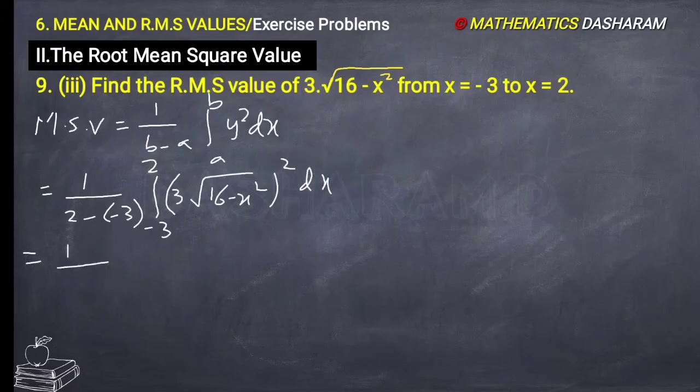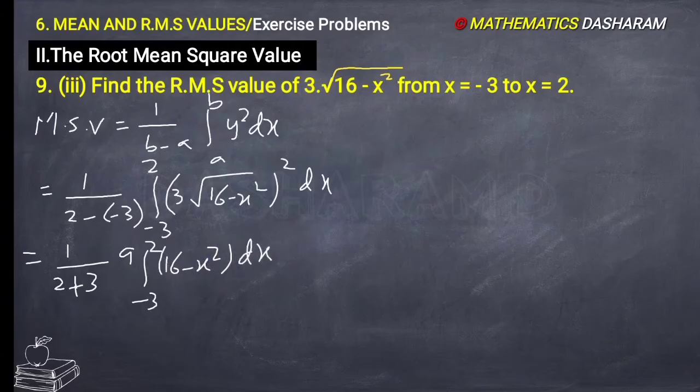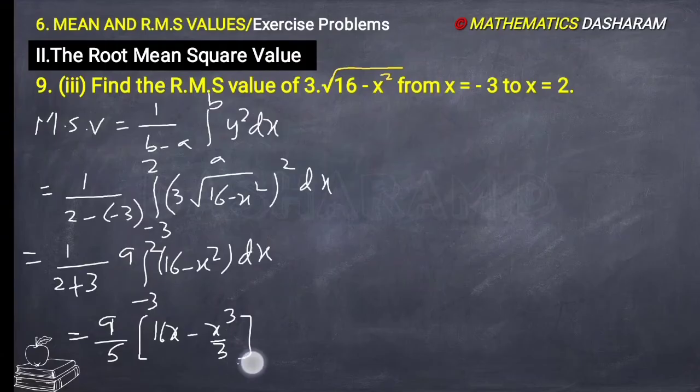So 1 by 2 minus of minus 3, that is 5, and here 3 square is 9, integration minus 3 to 2, the square root cancels: 16 minus x square dx. So 9 by 5, here the integration of 16 is 16x minus x cube by 3, from minus 3 to 2.